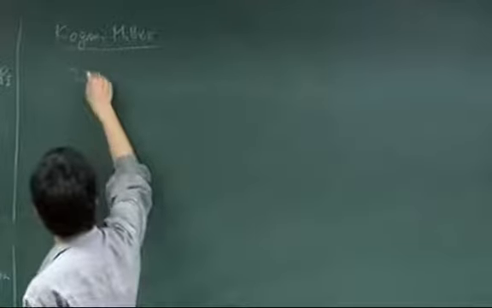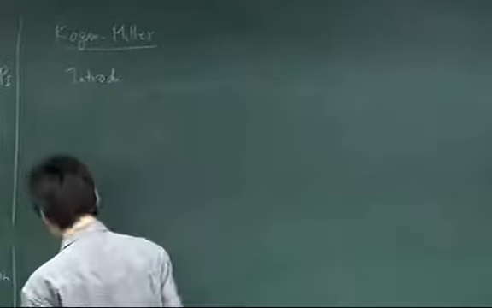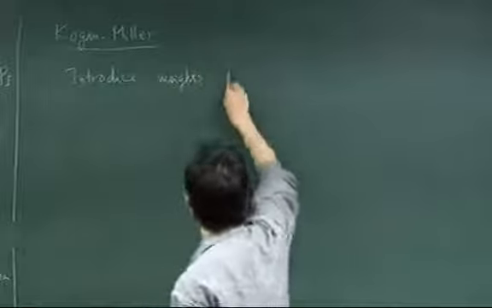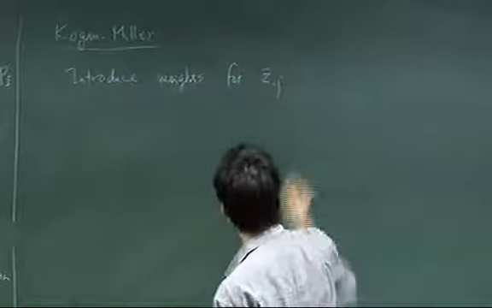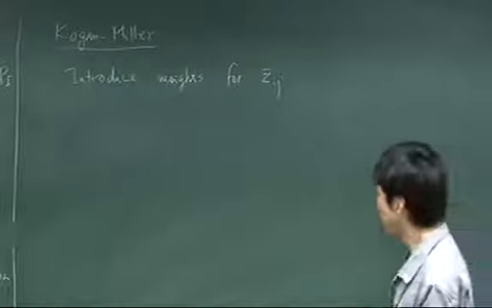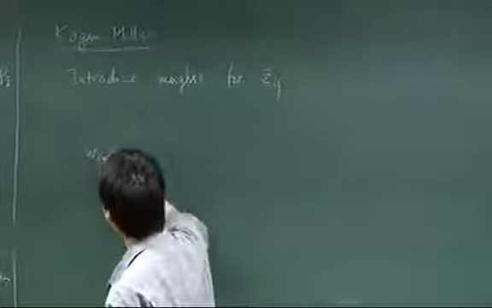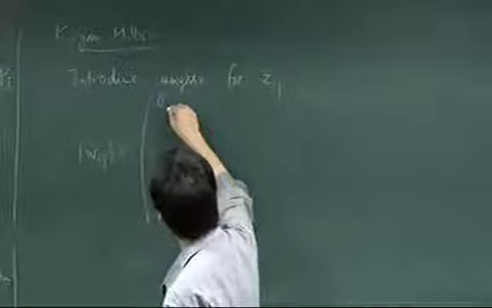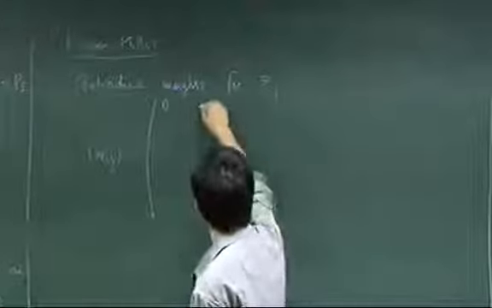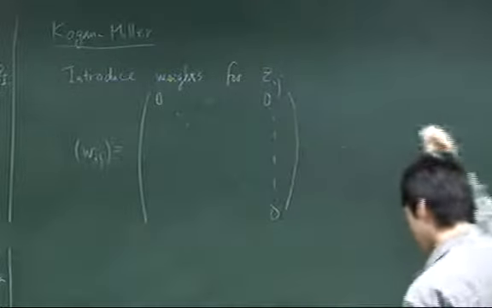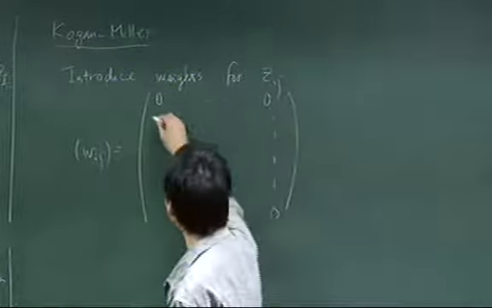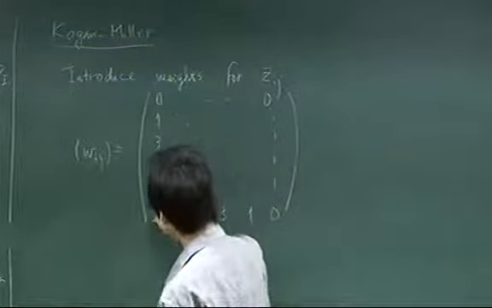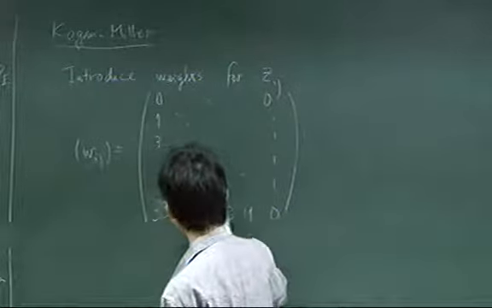So we introduce weights for the coordinates of GL_n(C), given by a matrix whose upper diagonal part is trivial, then 1 here, 3 here, and 3 to the n minus 2.